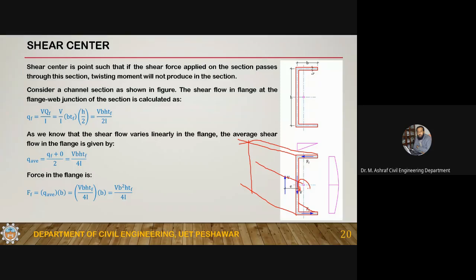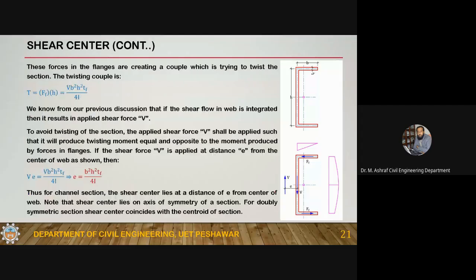This is the source of twisting in this particular case: the forces in the flanges because of the shear flow. Now you will have to apply your shear at a certain location that counterbalances this couple. Let's suppose this is producing a counterclockwise couple.